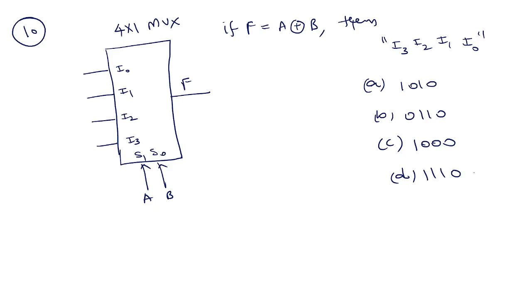A 4 by 1 multiplexer is given and F is A XOR B. Then what are the inputs? I3, I2, I1, I0.